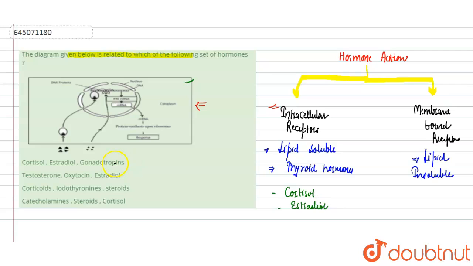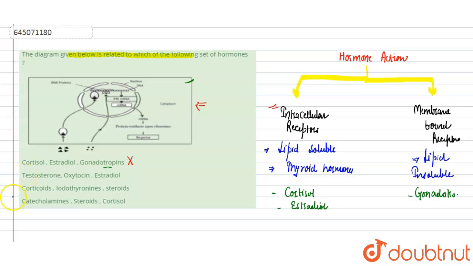And the third is gonadotropin. Gonadotropin is a peptide hormone which acts via a membrane bound receptor. So we can say that in the complete set, gonadotropin is not an intracellular receptor hormone, so that is an incorrect option.